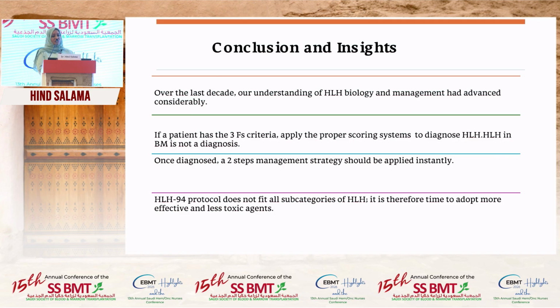It's not diagnostic, it's not exclusive. Once diagnosed, a 2-step management strategy should be applied instantly, and HLH-94 does not fit all patients, so you should modify your treatment based on the underlying cause, and it's time to use more effective and less toxic agents.